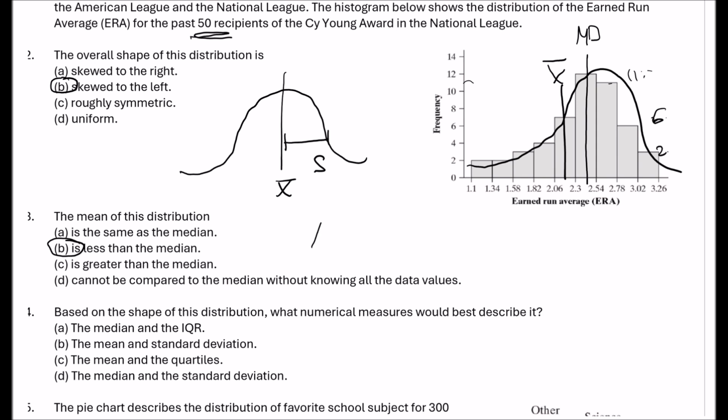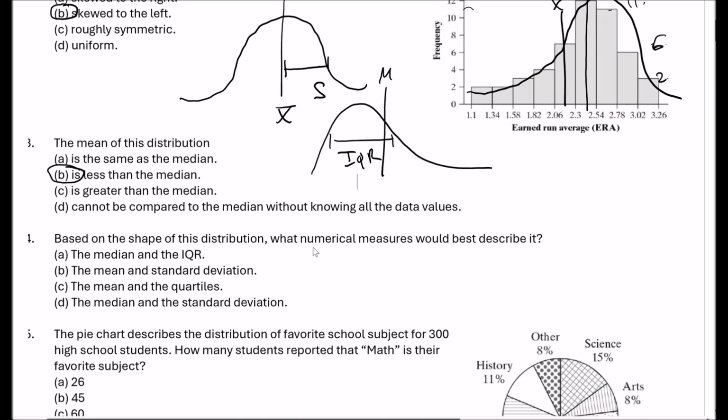But if it's skewed right or skewed left, we would have to use the median and the IQR. So we would have to use the median and the IQR because it is skewed. Otherwise, if it's symmetric, we would use the mean and standard deviation.